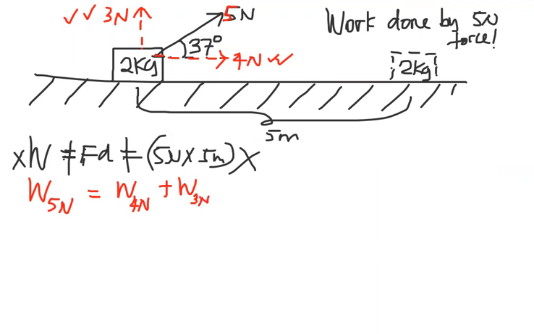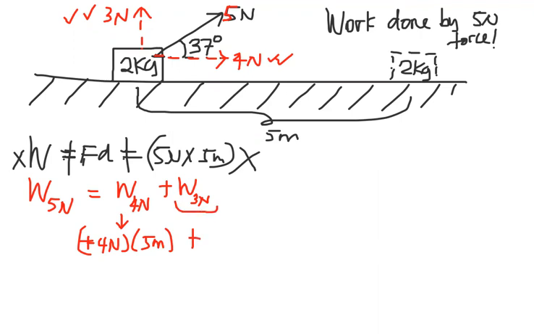All right, so let's see what is the work done by the 4 newton force. That work now is in line or is linear with the displacement. I can multiply the positive 4 newtons times displacement, which is 5 meters, plus the work done by the 3 newton force.